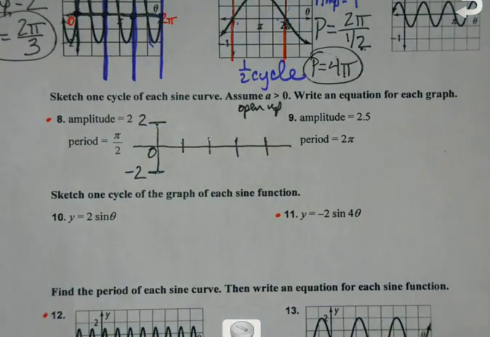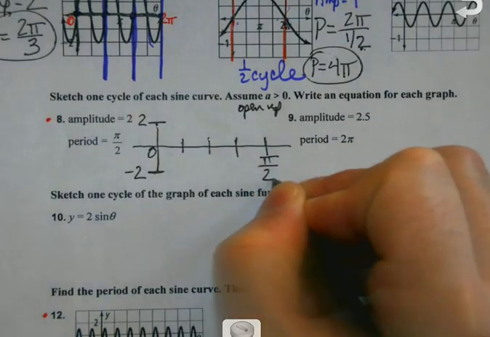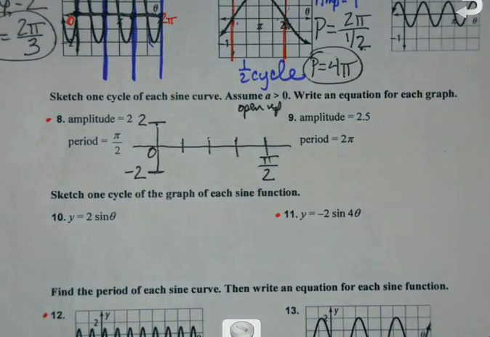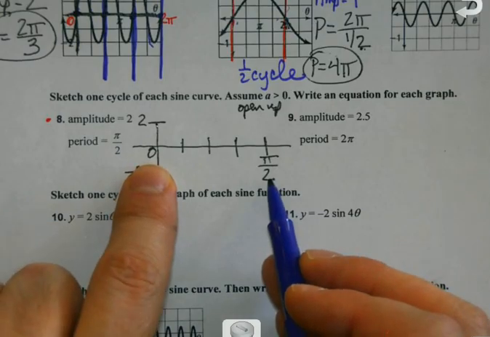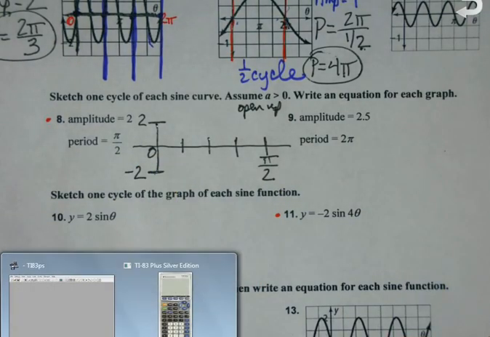And they told me my period, which means that's the value that goes on the last one, if I know what the period is in advance. So it's my job to figure out what these other values are going to be. So like we did up above, we're going to kind of narrow this down and say, okay, well, what's in between 0 and 1/2? Now, I think we did this before, actually.